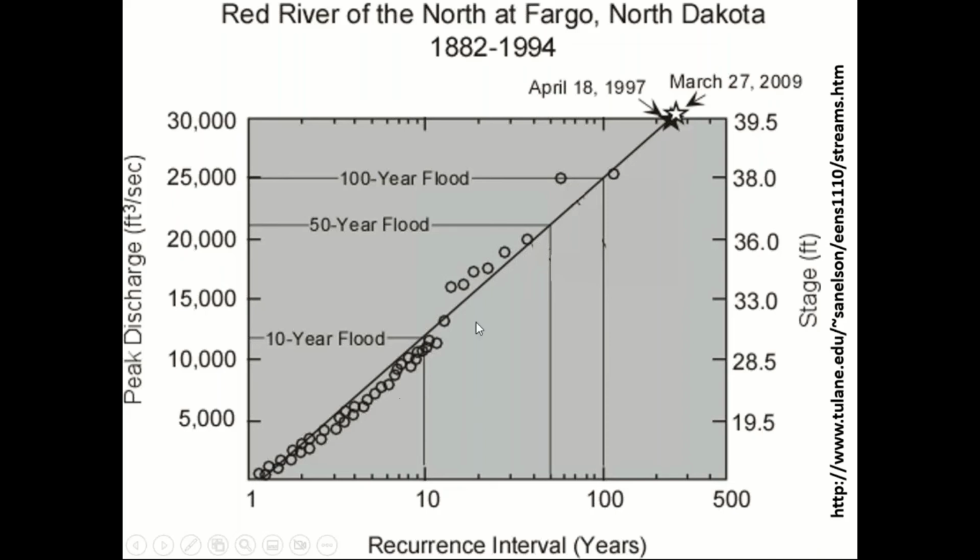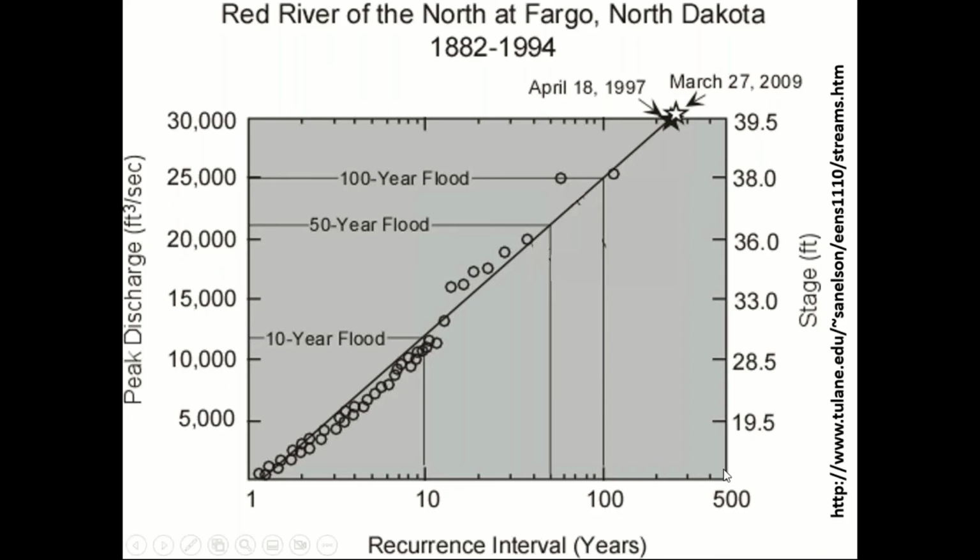So there's a 1-to-1 line shown there, but you can see that, for example, a 100-year flood is defined by 25,000 cubic feet per second of water. If that's the discharge, that corresponds to something that on average should happen once every 100 years, one in every 100 years statistically.